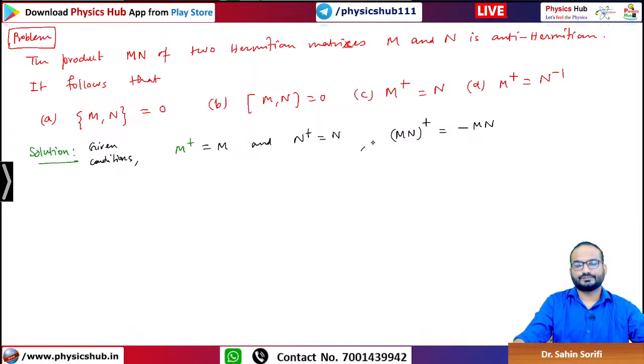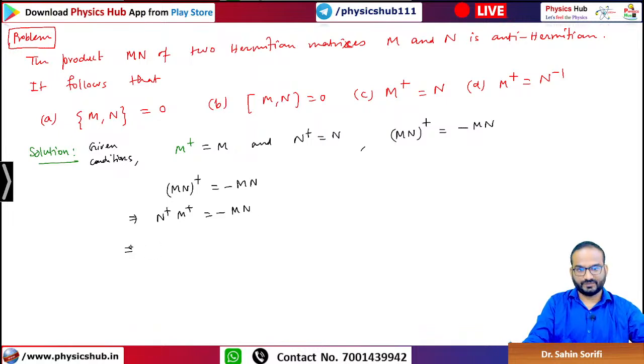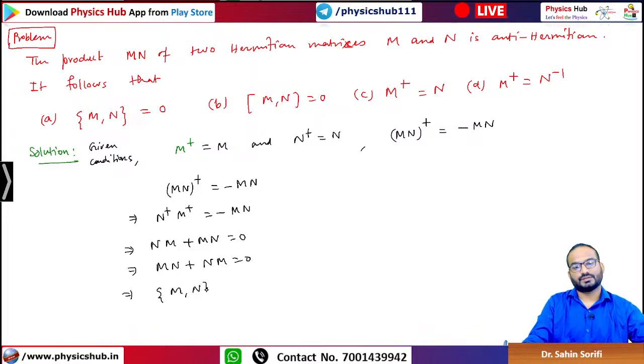So let's take up this MN dagger equals minus MN. On the left side you can write N dagger M dagger equals minus MN. Now N dagger is N, M dagger is M, so NM equals minus MN. So MN plus NM equals 0. Order doesn't matter for addition. Plus means anti-commutator. So option A, obviously.